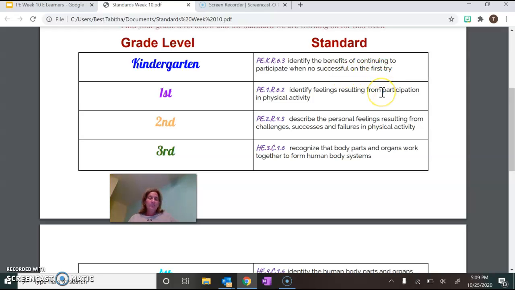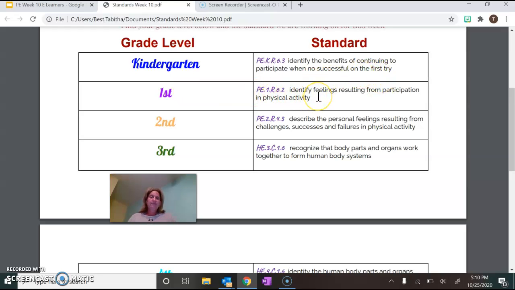We know that oftentimes when we are not successful on the first try, we can tend to get upset and want to give up. In our game this week at school, we're going to be learning to deal with it: if I didn't pick the right one the first time, that's okay. I'm going to get to go again, and hopefully on the second or third try. Eventually the goal is that I get it, even if it takes lots of tries.